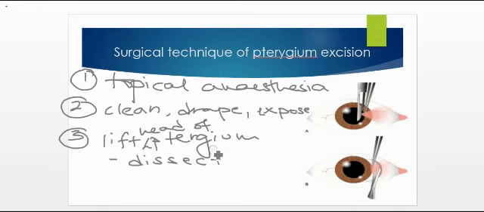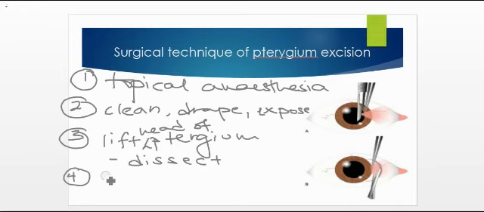From the cornea you dissect it in this first picture, as you can see. Then you see you're progressing this side, onto the limbal area, that means where your neck is, then go on to the body that's on the sclera. So dissect first the head, then you continue dissection from the sclera.